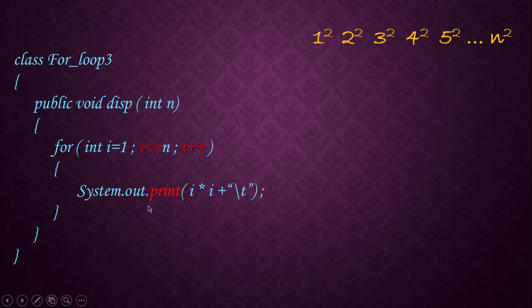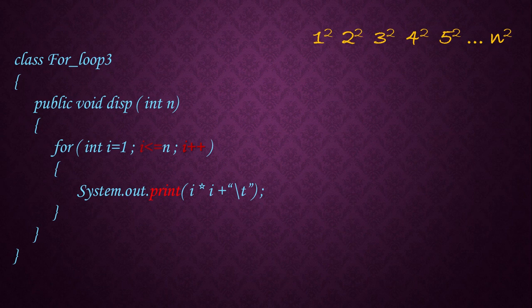That's why we are using a print command, not the println statement. We also have to give a space between the numbers, otherwise we will not be able to recognize them. So \t, you remember, we have already discussed in my previous videos. \t means a tab space.